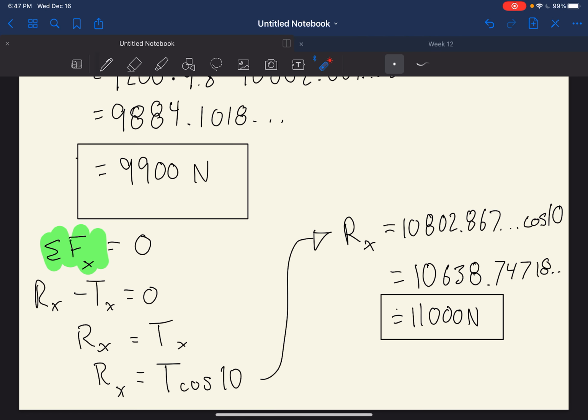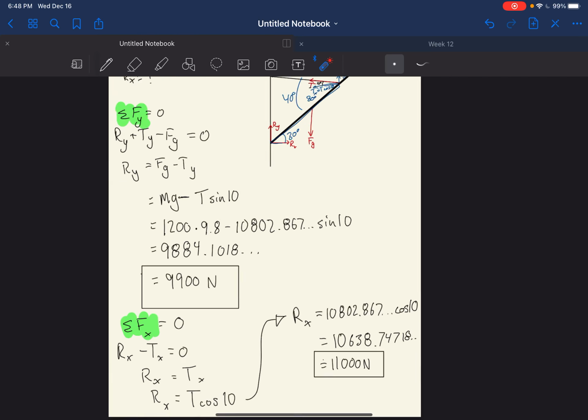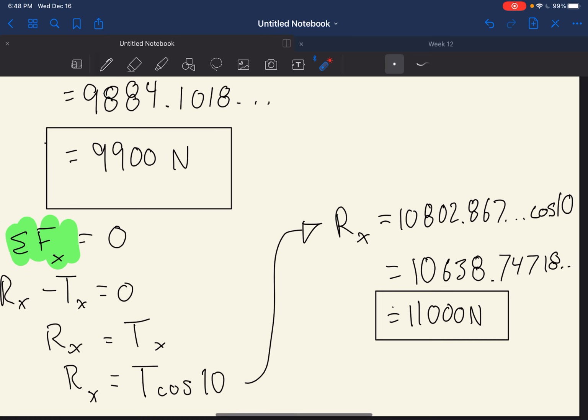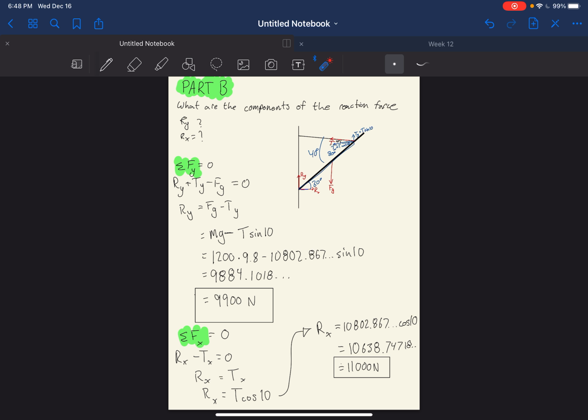So solve for that Rx here. We get this. It rounds to the same number as the last one did, even though it's slightly different, but it's really close. So when you put in the correct sig figs, it could be a little confusing. But yeah, that's the end of part B.